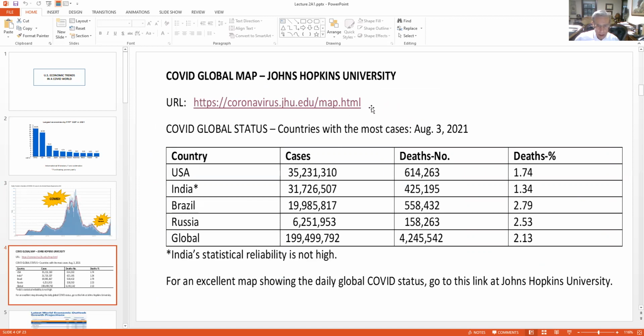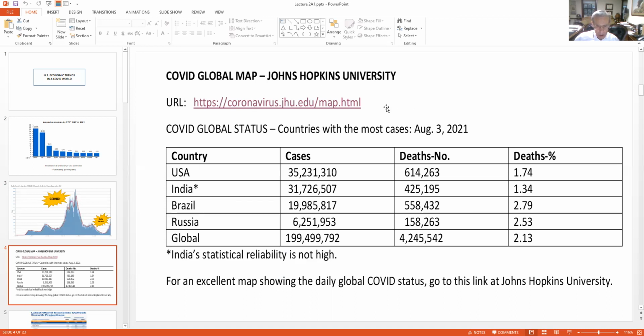Right here, I've provided it to you. When you go there, you'll know why I would like you to go there. It's an excellent, outstanding website, and it portrays all the basic data that you need with graphics that are very easy to look at. And it's just a very impressive website.